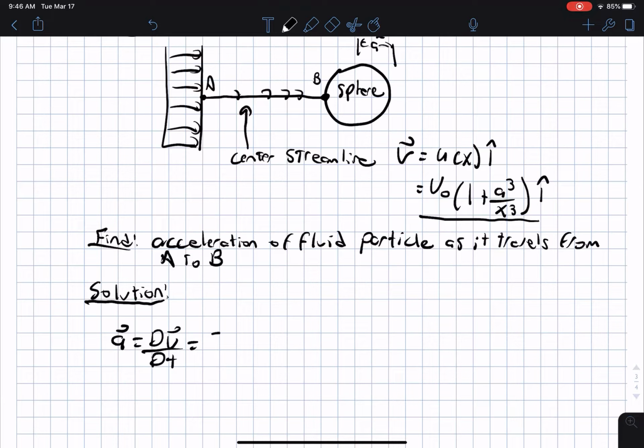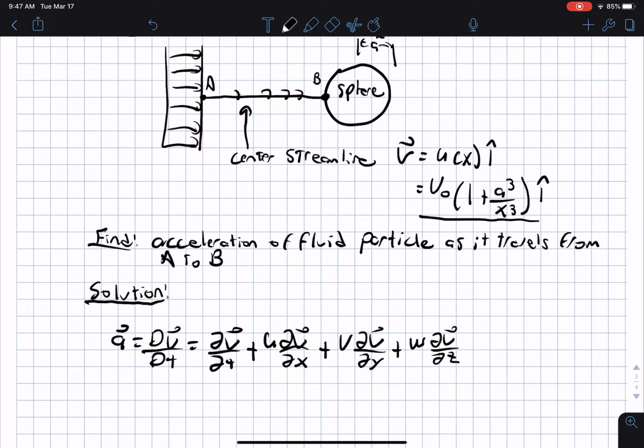This equals partial v partial t plus u partial v partial x plus v partial v partial y plus w partial v partial z.